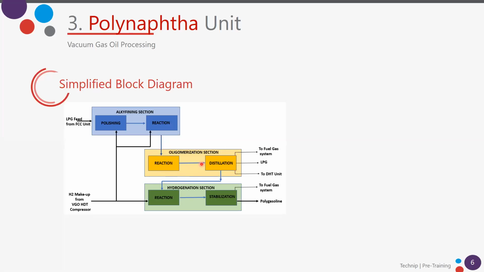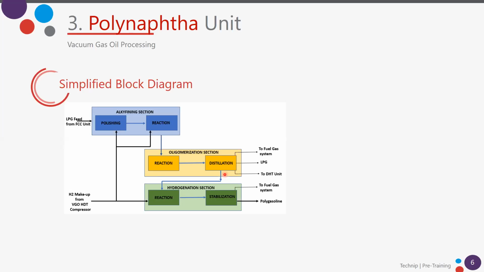You will separate it in the distillation, but you cannot send this stream directly to the gasoline pool because you have high content of olefins, and we have limitations in olefin content in the gasoline pool due to the gum formations. Okay, we don't want to have more than 18% volume of olefins in the gasoline that we will sell.